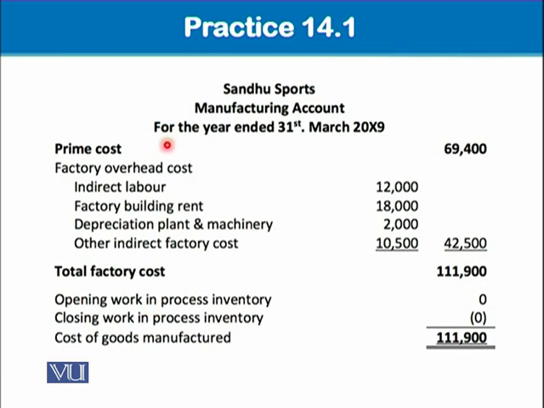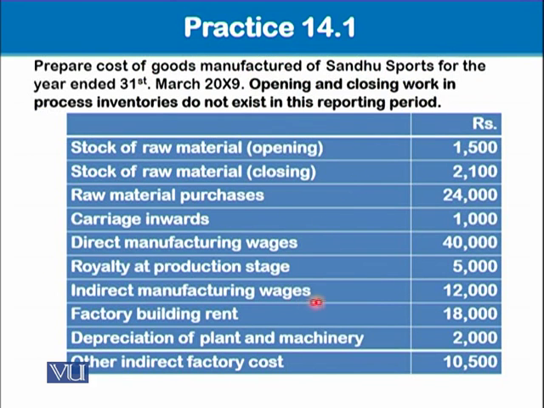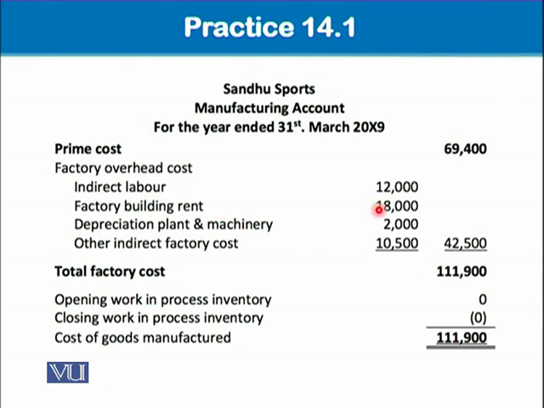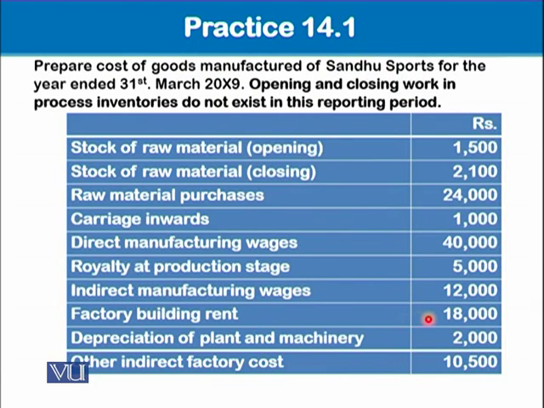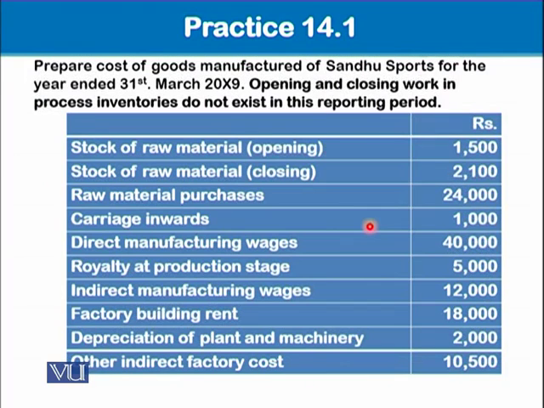So this prime cost will be added to the factory overhead cost. When we say factory overhead cost, we have indirect wages 12,000. Then factory building rent 18,000. Then depreciation of plant and machinery 2,000. This is factory related depreciation.